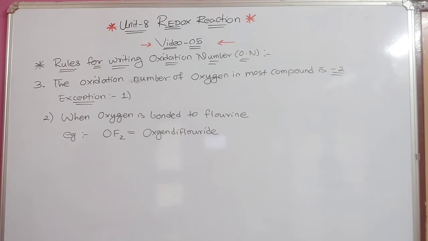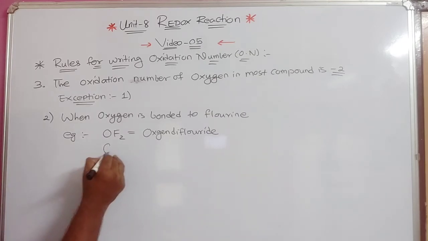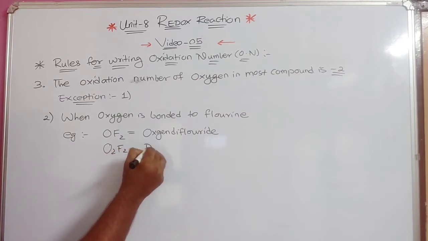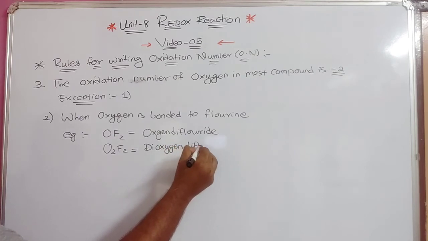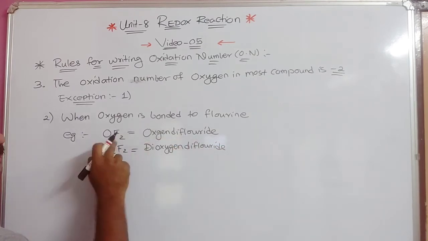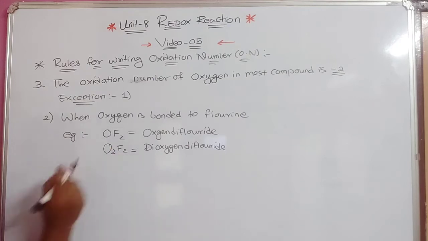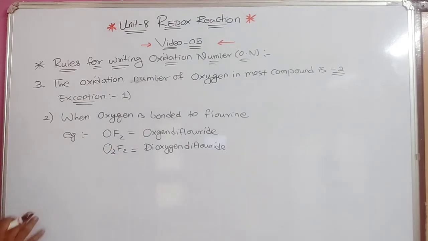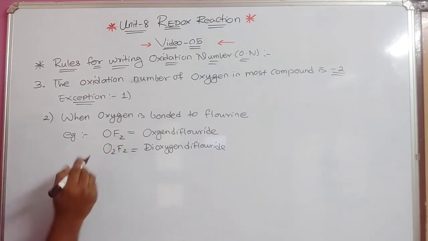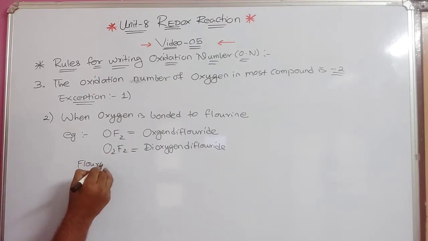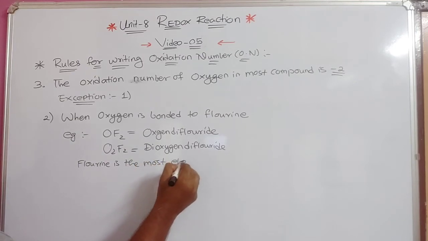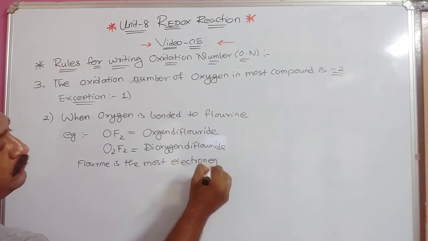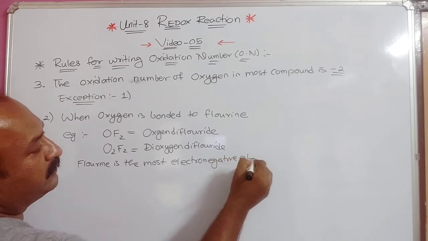Another example is also there, O2F2, that is dioxygen difluoride. From the formula only you can make out why the word di is written, because of this 2. Now in this case, fluorine is the most electronegative element.